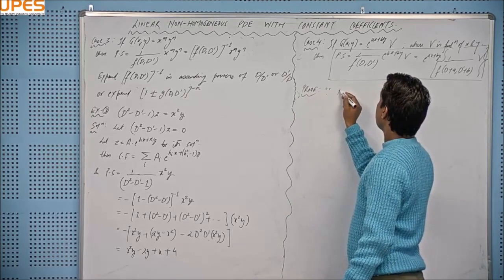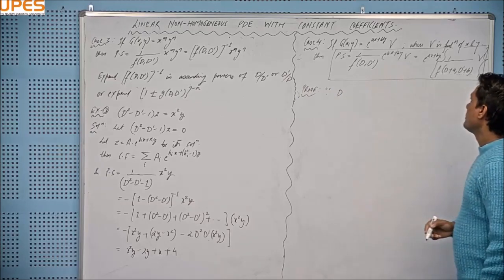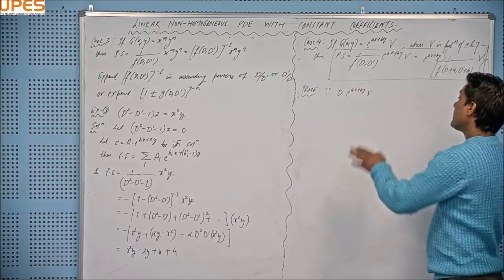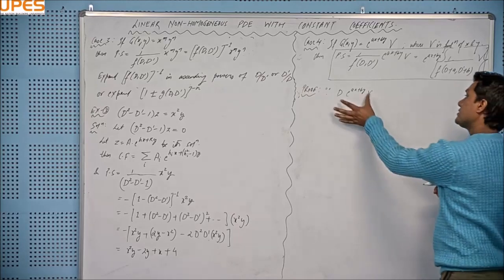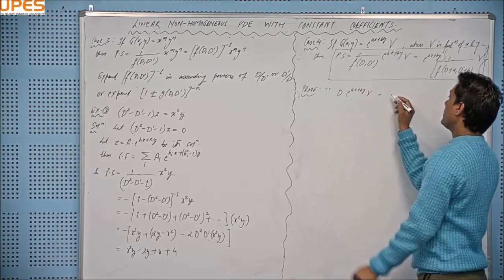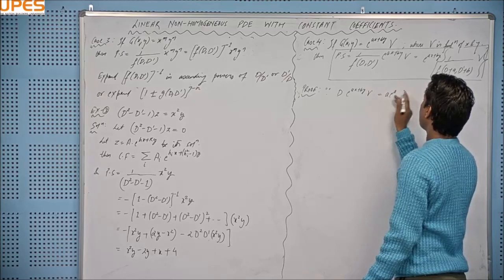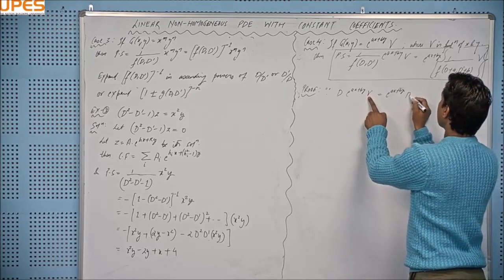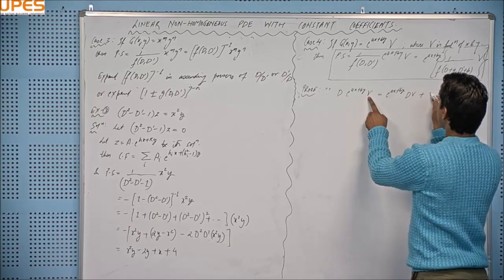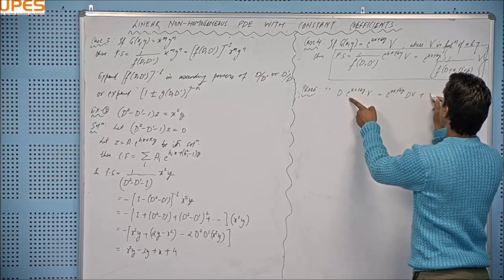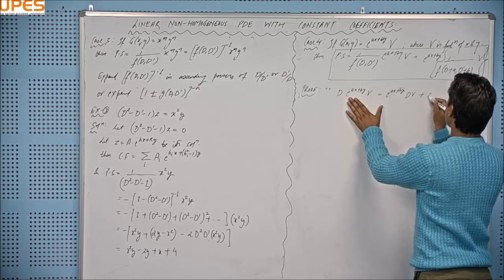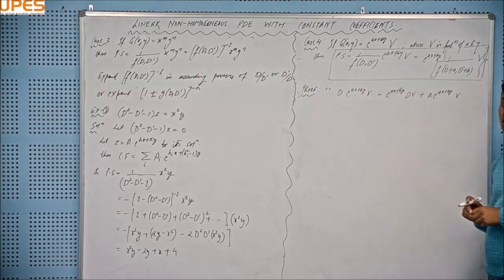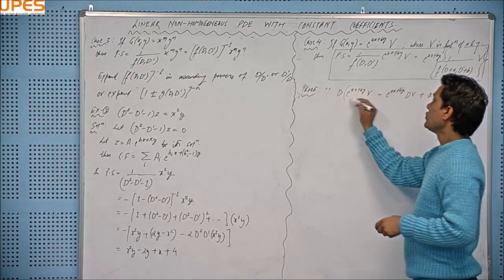Since D operated on this function, e to the power ax plus by and v, and remember that v is not a constant, applying this derivative, I have to use the product rule, and that will be a times e to the power ax plus by and v, plus the first function as it is and the differential of the second function, dv. I have applied the product rule for these two functions.